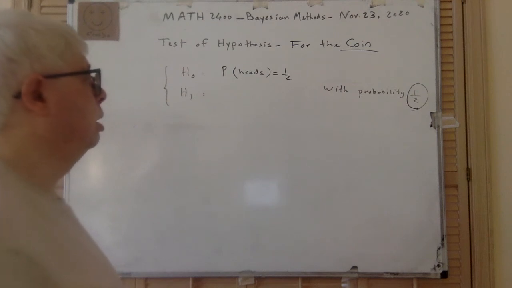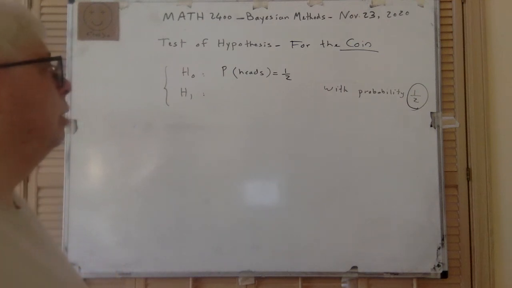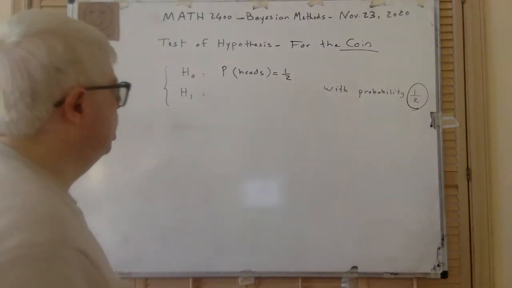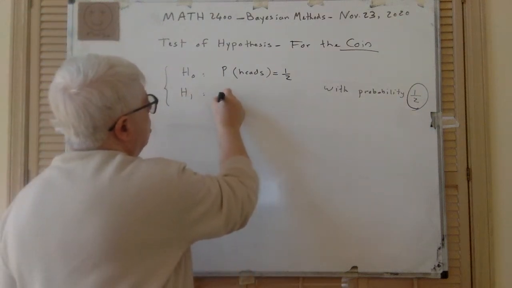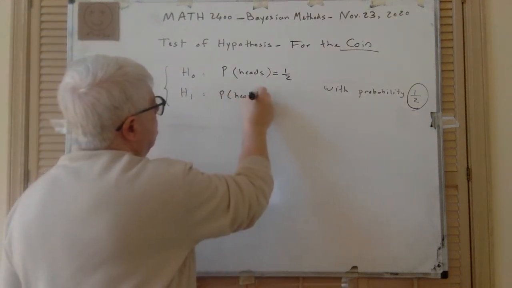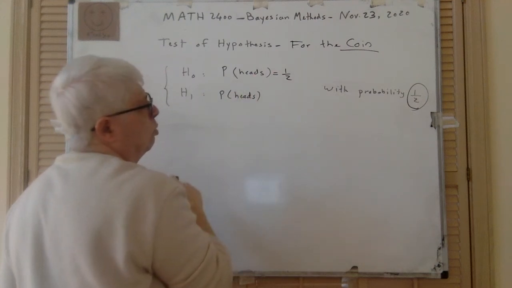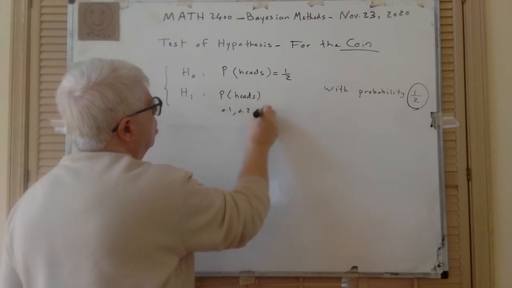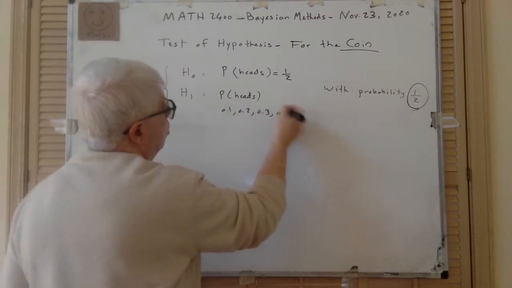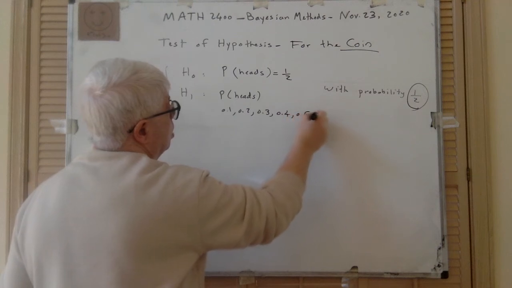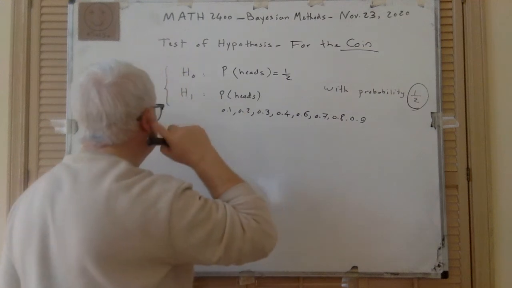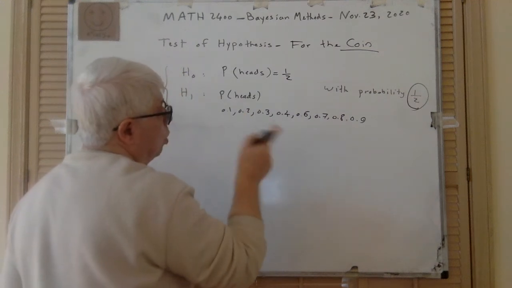The other one can be P of heads is either, say, 0.2, or 1/3, or whatever. But for this situation, you might say, I don't want to write 12 over 20. It's either this, or this, or this. Well, 0.5 is here, 0.6, 0.7, 0.8, 0.9.